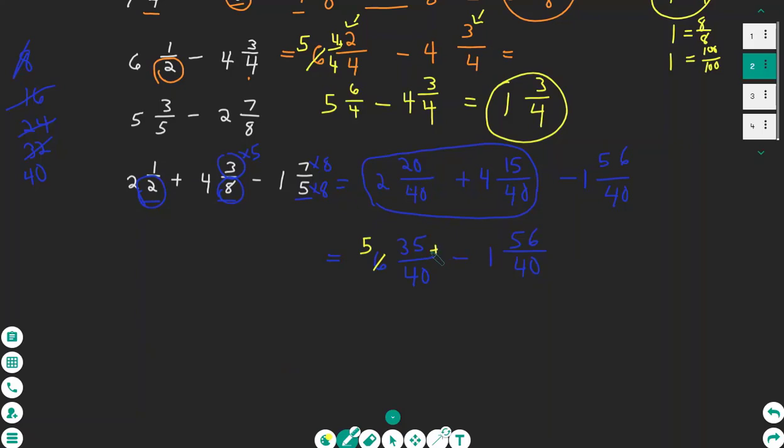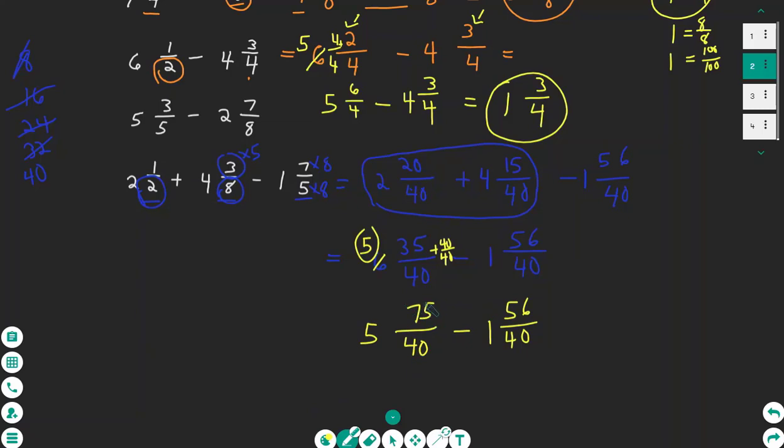So we're going to add a 40 over 40 here. And if we do that, we have 35 plus 40 is 75 over 40. Minus 1 56 40ths. And then don't forget, we still have this 5 left over here. So there we go. There's our new set of fractions.